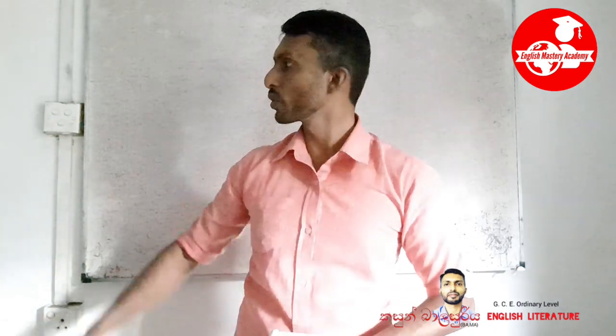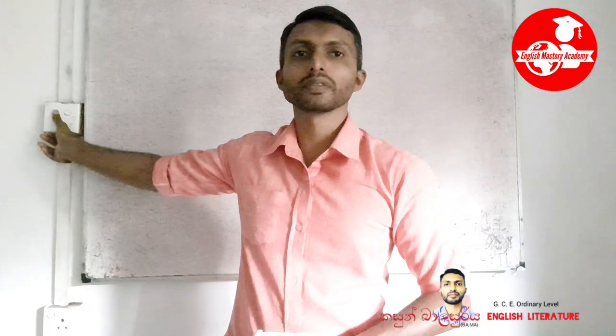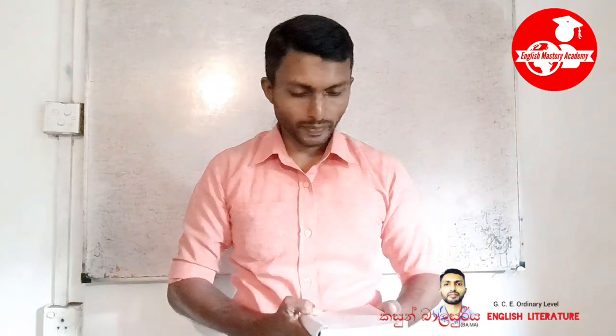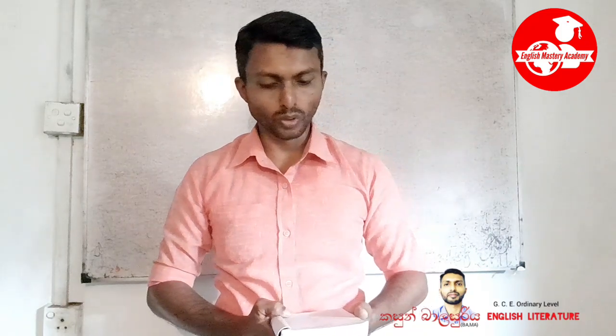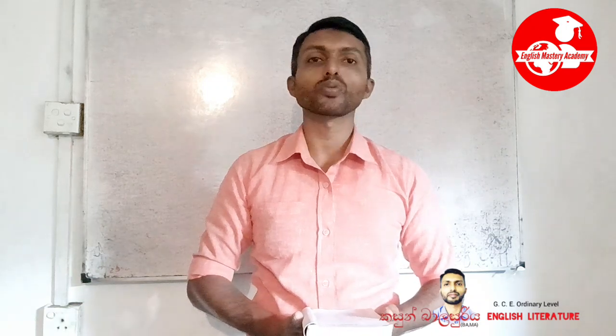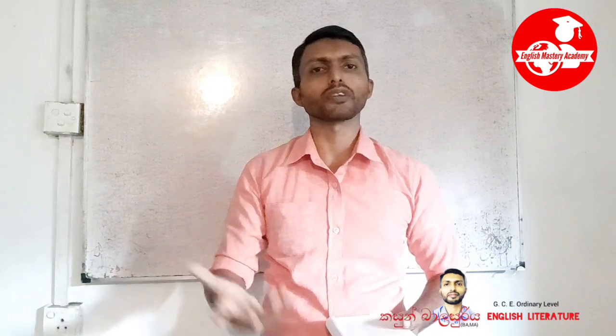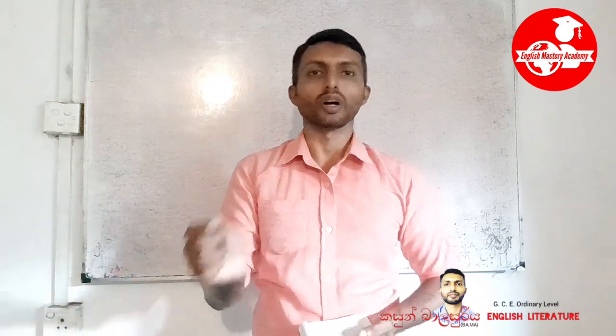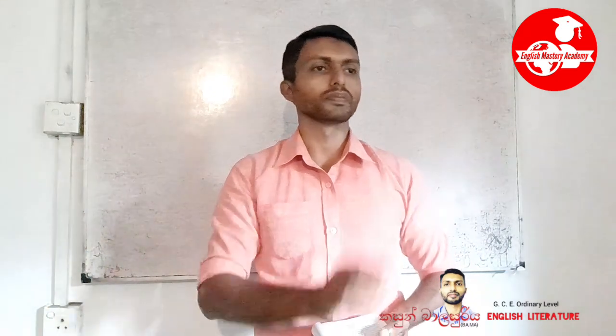A boy was born to a poor family. A boy was born to a poor family of the name of Canty. So he was born to a very poor family. The name of the boy is Tom Canty, right? So that is the other term. Canty, Tom Canty. Then, who did not want him? What is the meaning of that particular part? Who did not want him?